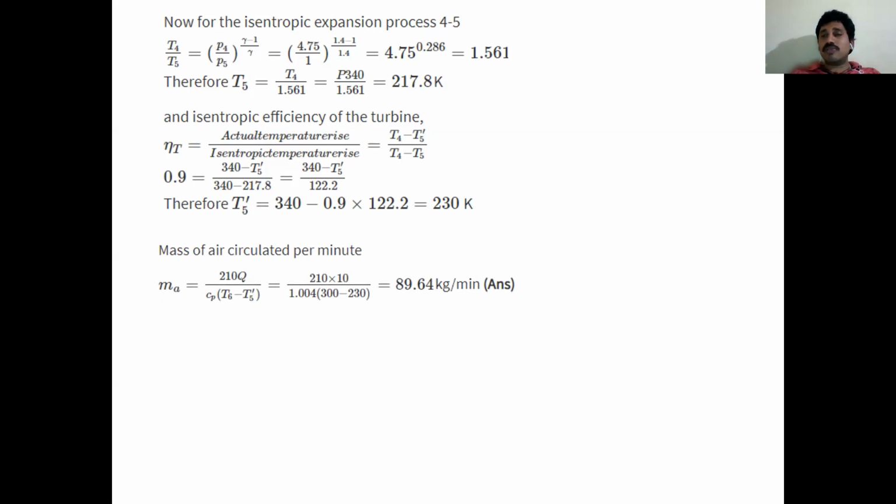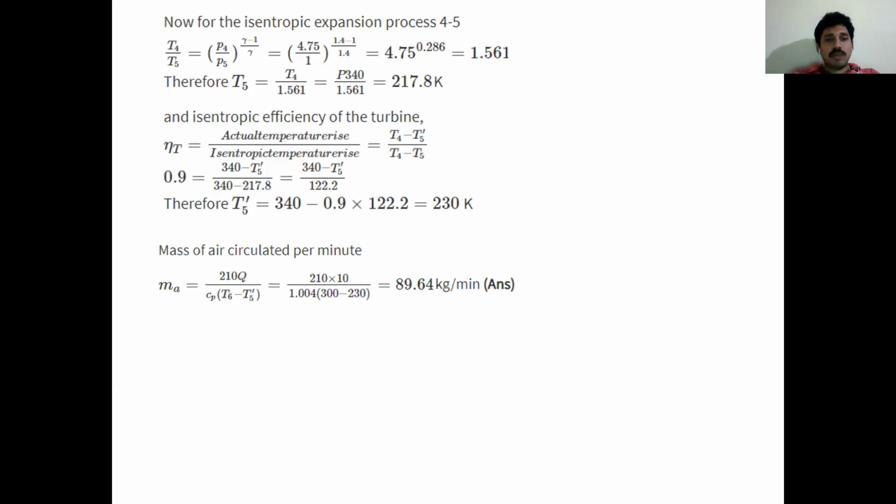So MA is equal to 210Q. 210 means the refrigerating effect value, which I am going to convert into kilojoules per minute. So MA is 210Q by Cp into (T6 minus T5 dash), not T5, T5 dash, this is actual. Q means 30, I think 30 is given, so whatever value we get for Q, the same value we have to keep here.